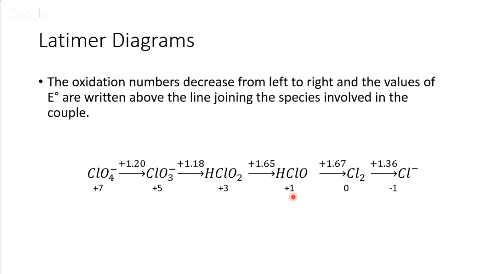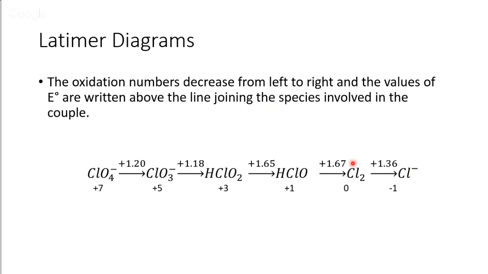The most highly oxidized form of the element is on the left, right? So over here. And it decreases as you move to the right. In this case, and often, the oxidation number is explicitly shown below the diagram. Sometimes you have to figure them out on your own.